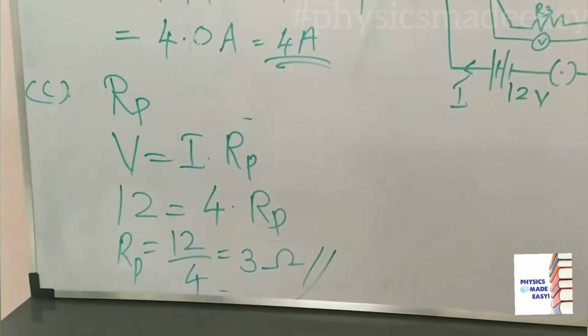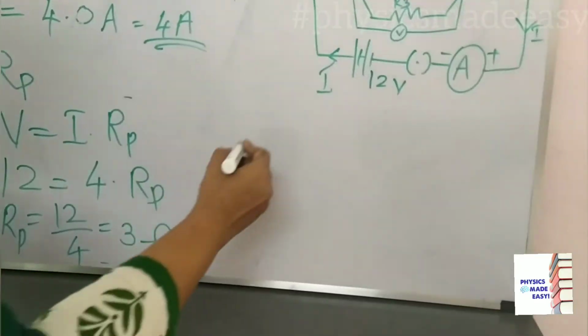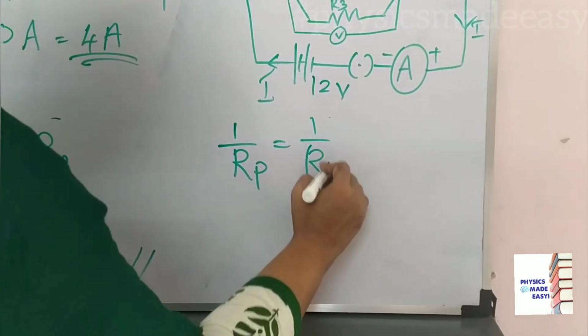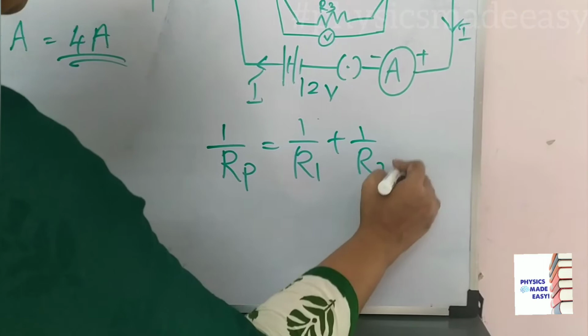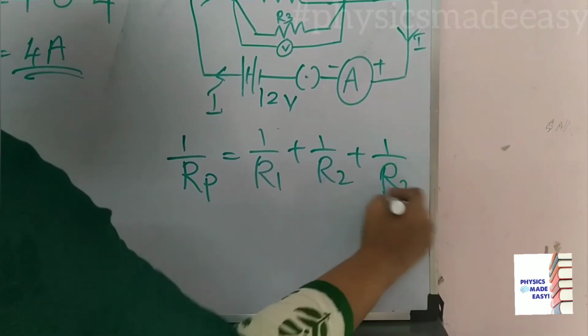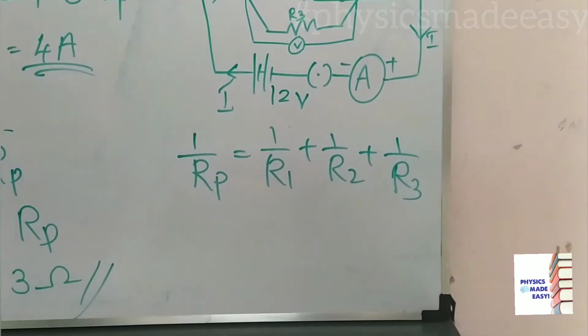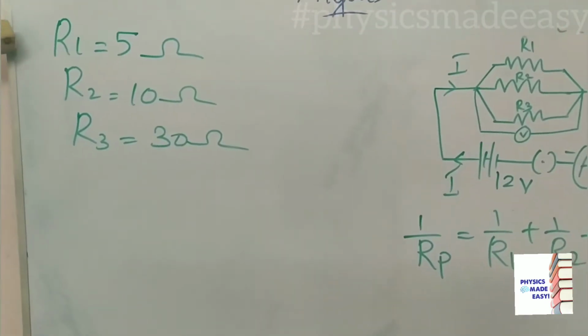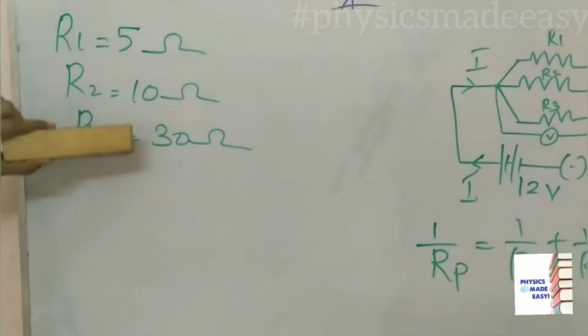Then another one way also there. If you don't want to do like this, you can do in this way. 1 by Rp equal to 1 by R1 plus 1 by R2 plus 1 by R3. That time also you will get the same answer. That we can check now. We have the values of resistors as 5 ohm, 10 ohm, 30 ohm.